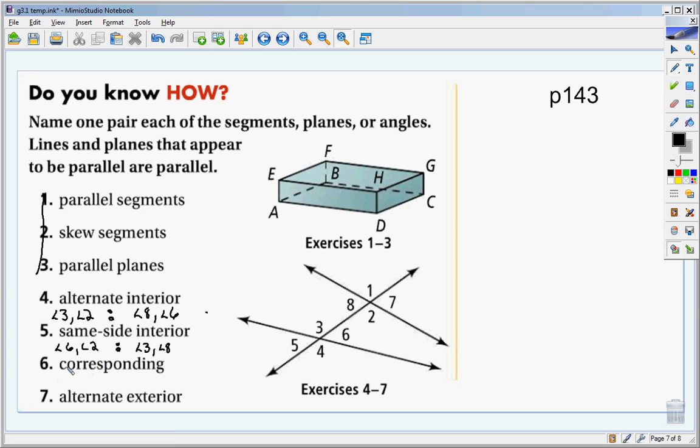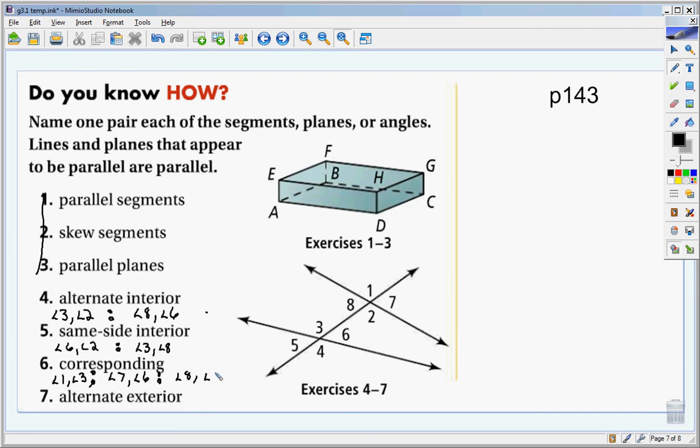How many angle pairs are we going to be able to list for corresponding? We should be able to label 4. What's corresponding to angle 1? Angle 3 is corresponding. What's corresponding to angle 7? Angle 6 is corresponding. Angle 8?